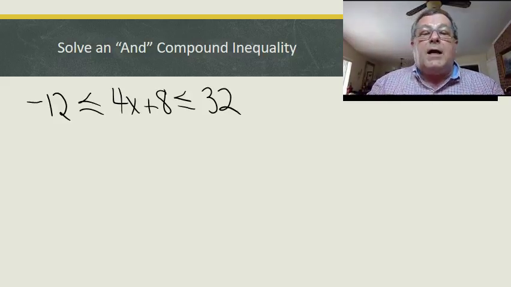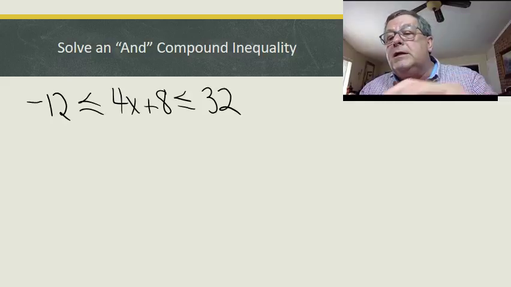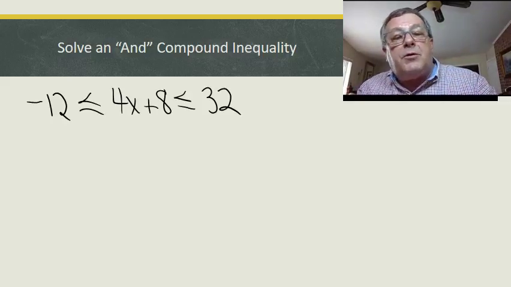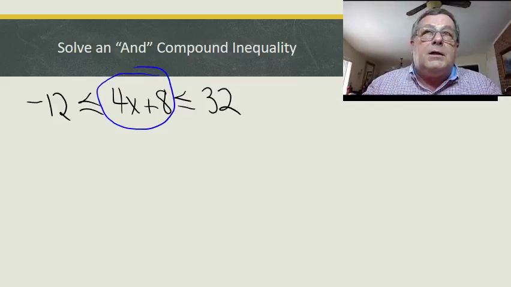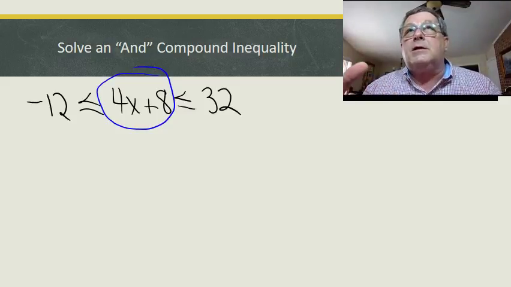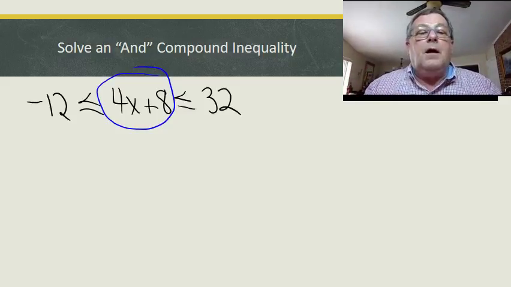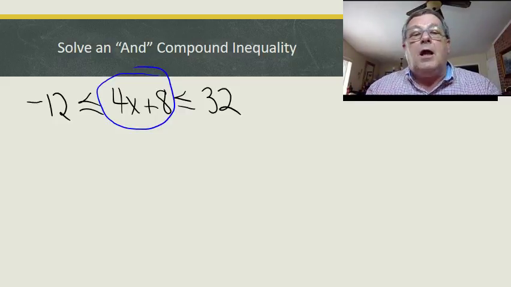Now, one of the ways that I can recognize that this is an and inequality is that this expression right here is sandwiched in between these two inequality symbols. If it was an or statement, it would actually just say or. Now, you can sometimes come across some compound inequalities that actually use the word and, but most often than not, you see it sandwiched in like this.